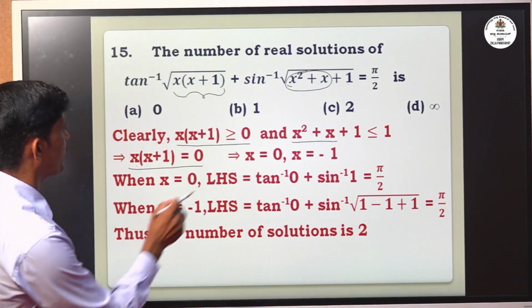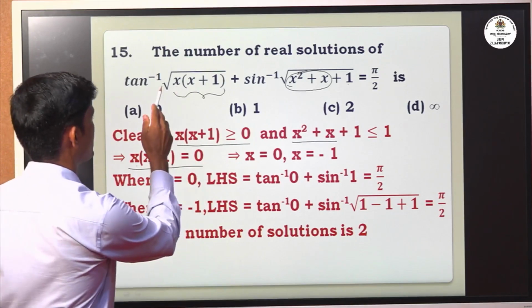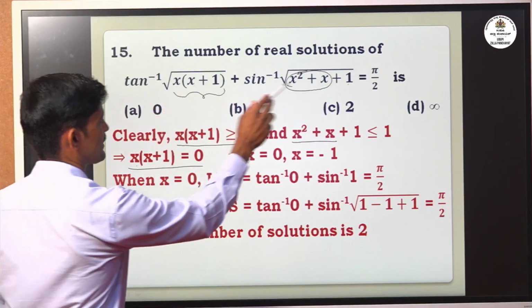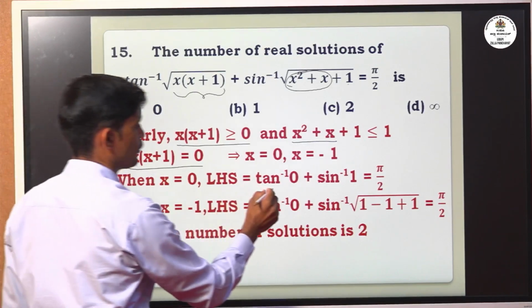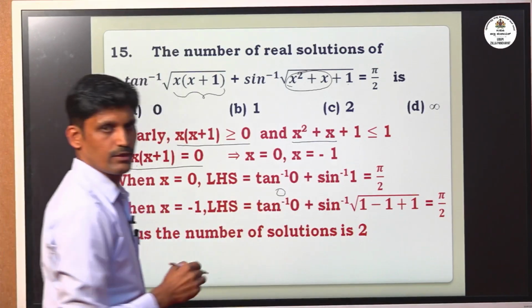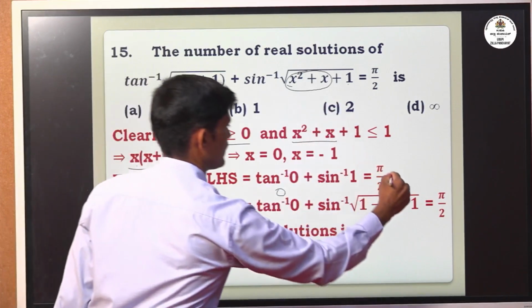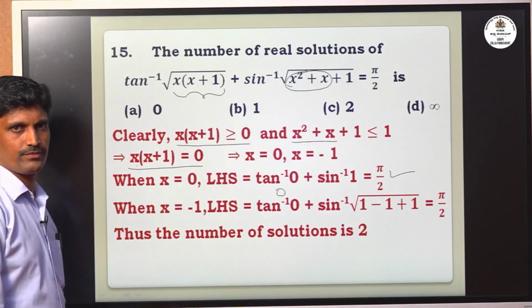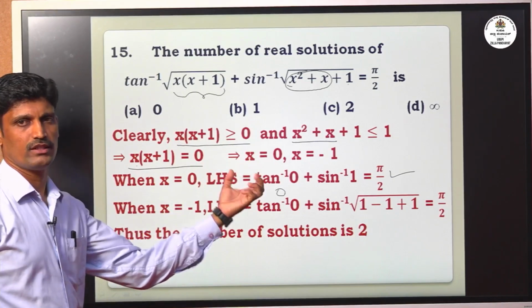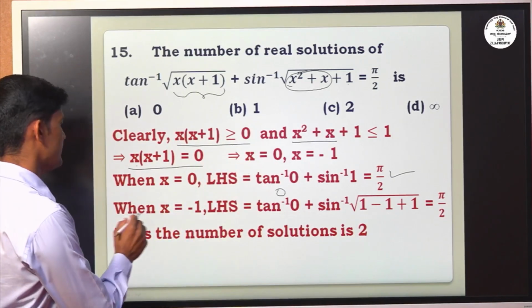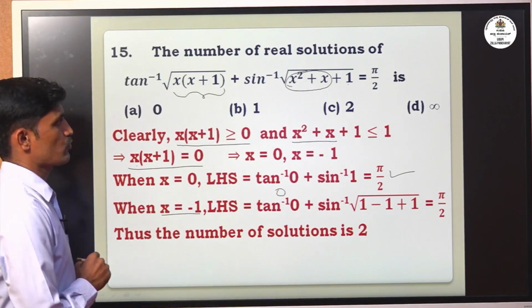Therefore, when x is equal to 0, the LHS becomes tan inverse of 0 plus sin inverse of root of 0 plus 0 plus 1, that is sin inverse of 1. Tan inverse 0 is 0, sin inverse of 1 is pi by 2. Therefore the RHS is satisfied, and it satisfies the given equation. We are verifying whether the two values of x we got are solutions. Now put the other value, x is equal to minus 1.